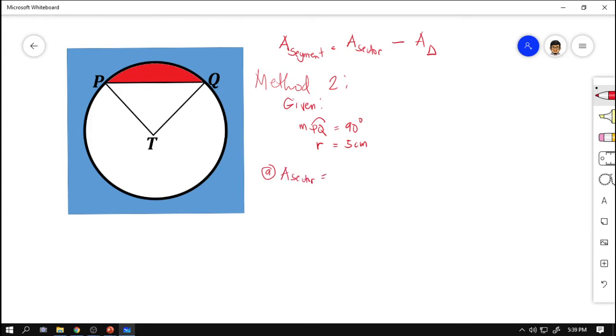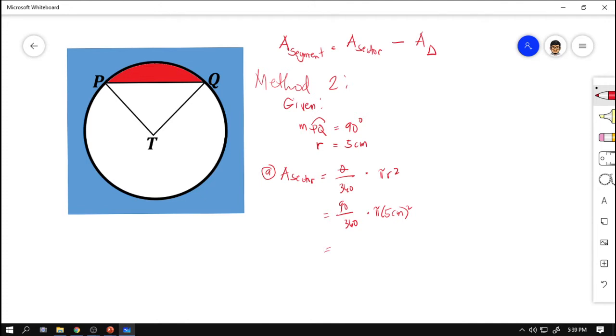Okay? The area of the sector is equal to the degree measure over 360 times pi r squared. So, that is 90 over 360 times pi, and the radius is 5 cm or centimeters.